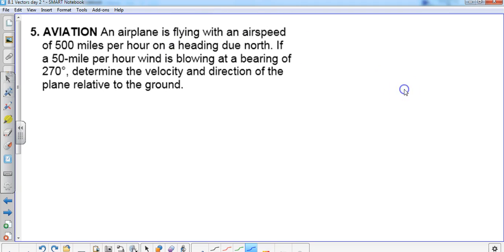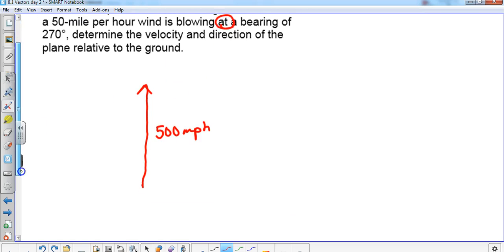Here we go. An airplane is flying with an airspeed of 500 miles per hour at a heading due north. Oh, that's nice. Okay, so we have due north. If a 50 mile per hour wind is blowing at a bearing of 270, okay.